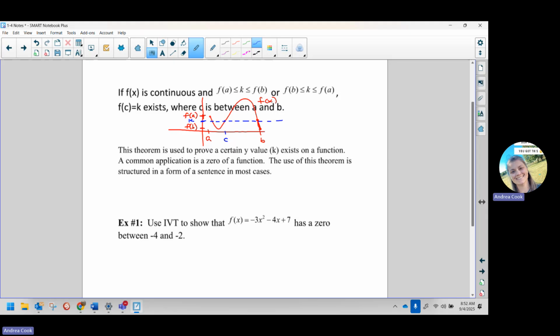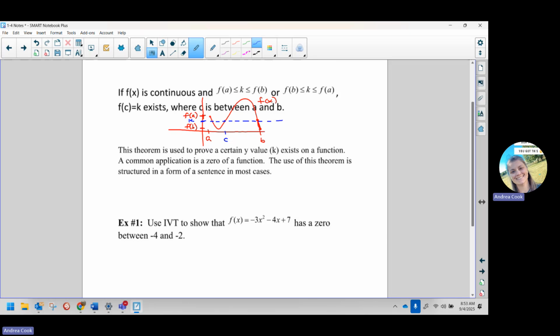Okay, this theorem is used to prove a certain y value exists on a function. The common application is a zero of a function. The use of this theorem is structured in the form of a sentence in most cases.